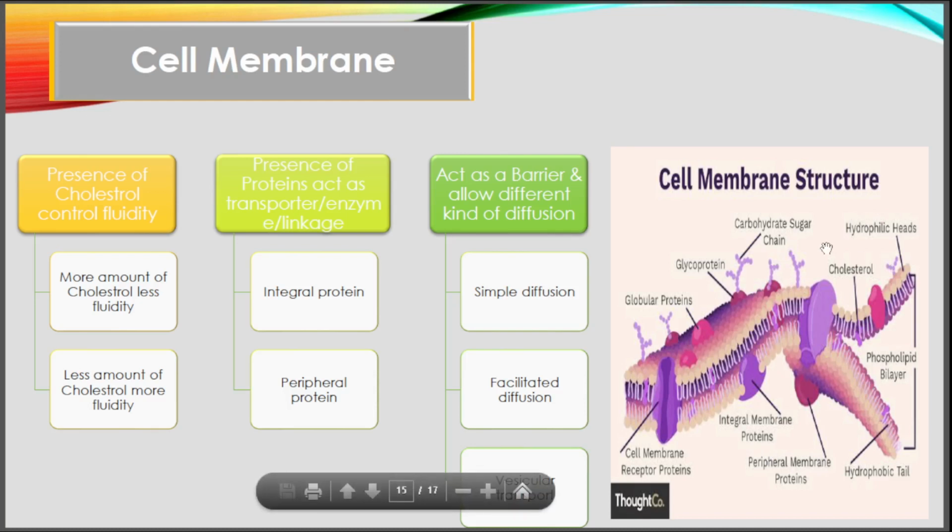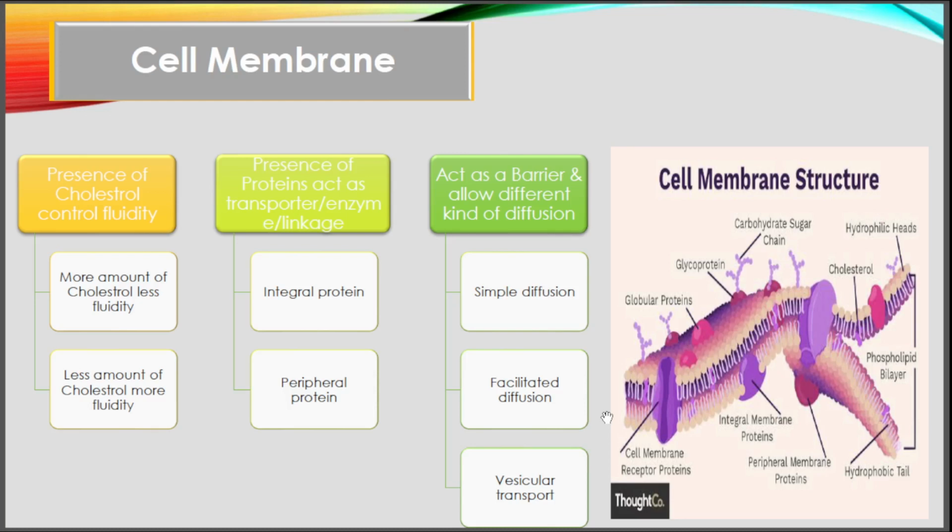Now this cell membrane acts as a barrier, means everything and anything just can't go inside and just can't go outside. They have to undergo certain processes like simple diffusion, facilitated diffusion and vesicular transport. Regarding these, we'll be discussing them in the next part, that is part 2.